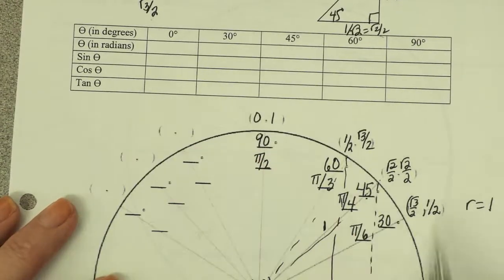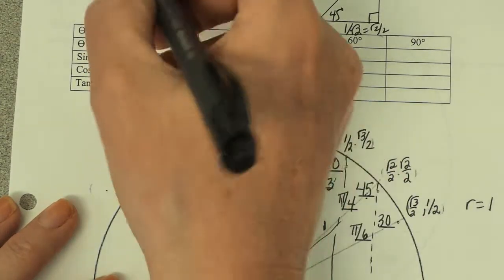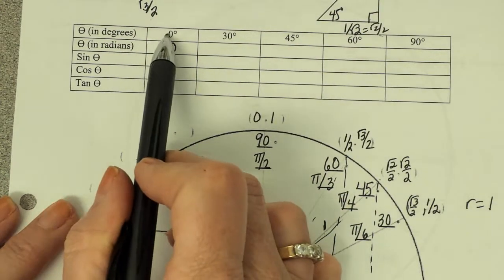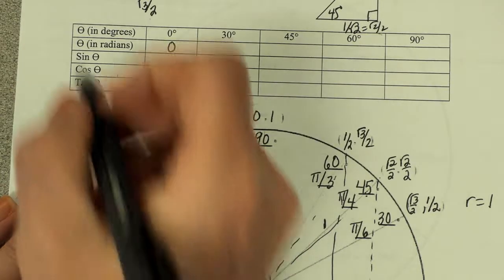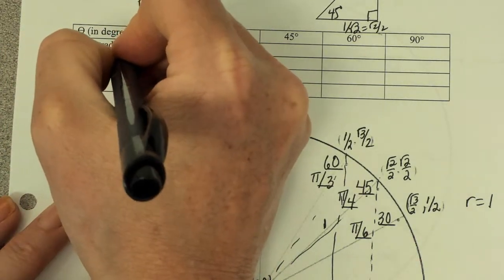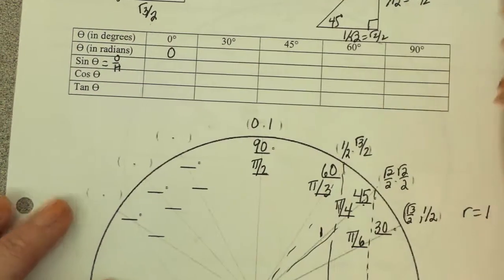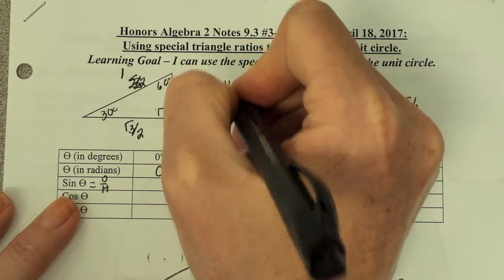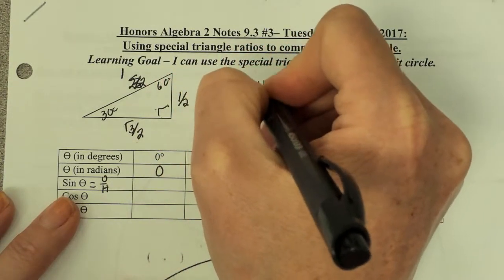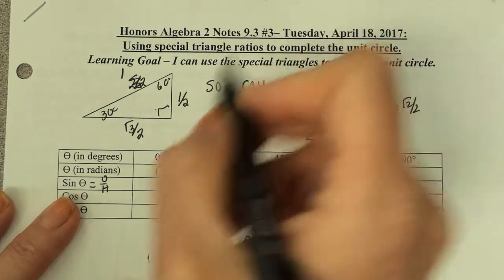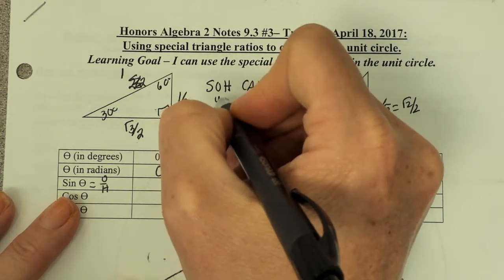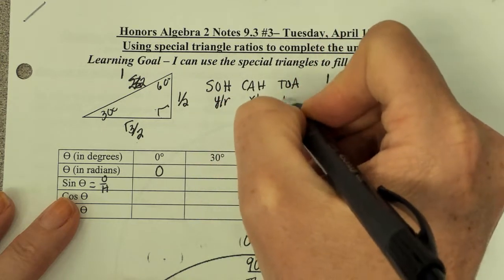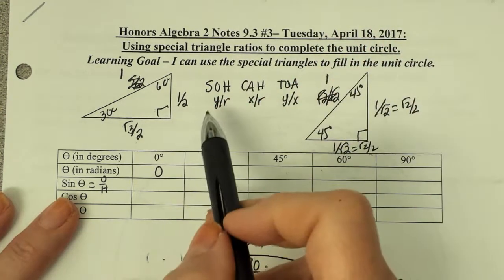I can now see that 0 degrees is the same thing as 0 radians. The sine of 0. Remember how sine is normally opposite over hypotenuse? Go back to this again, guys. SOHCAHTOA. We also know, though, that sine is y over r, and cosine is x over r, and tangent is y over x.